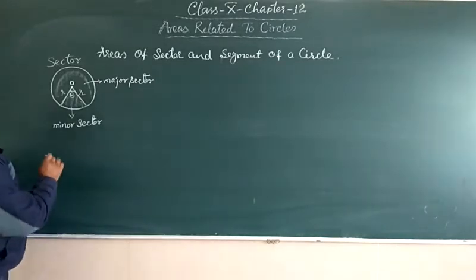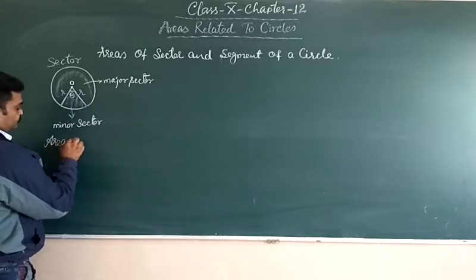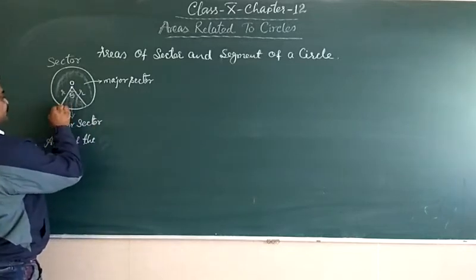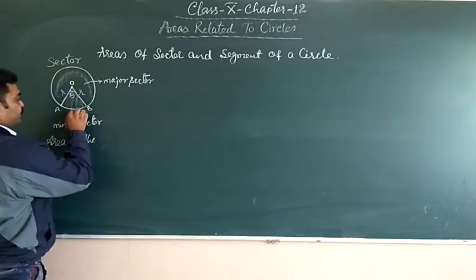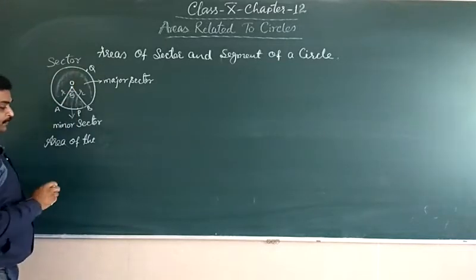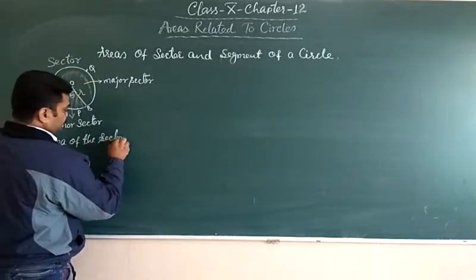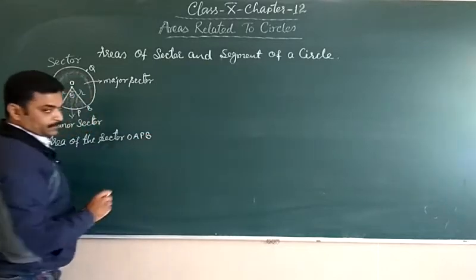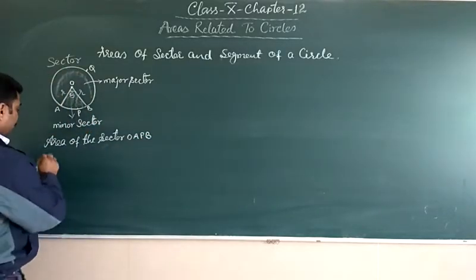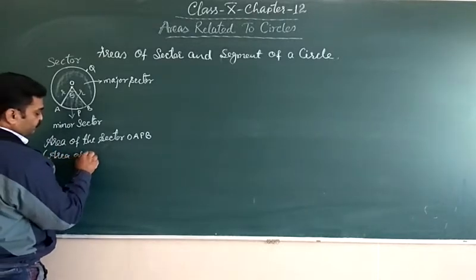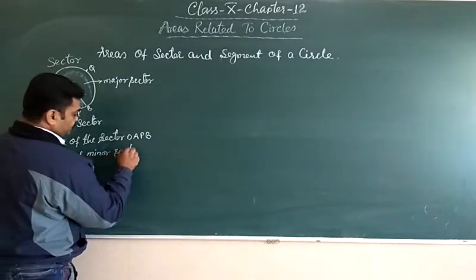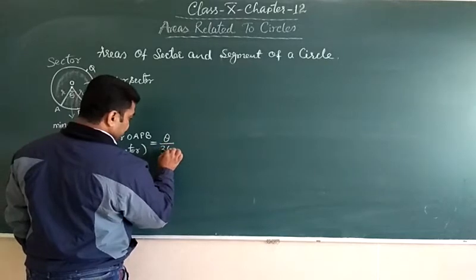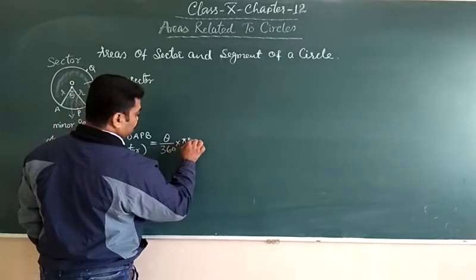Clear? So we can write here area of the sector, or suppose the radius OA, OB, and one point here P, one point here Q. Area of the sector OAPB, that is area of minor sector, is equal to theta upon 360 into pi r square.